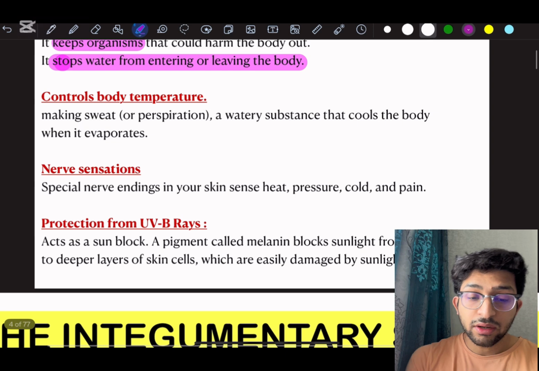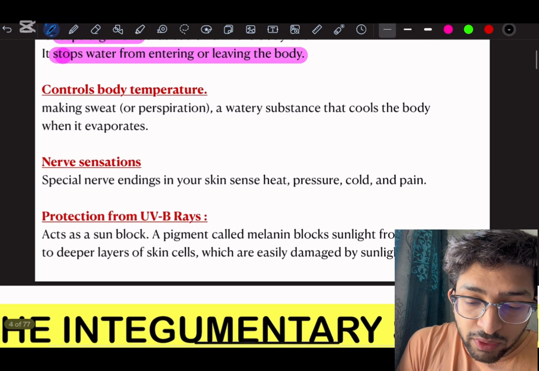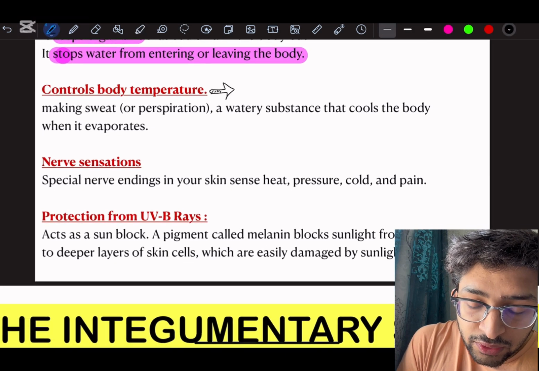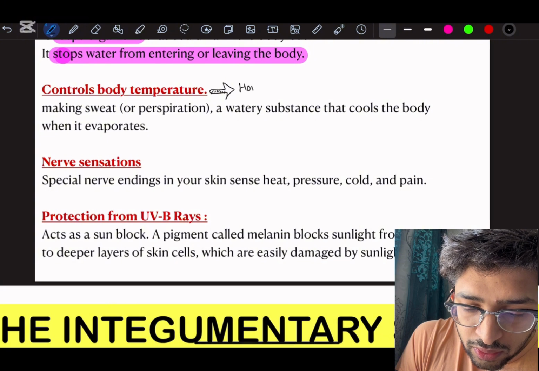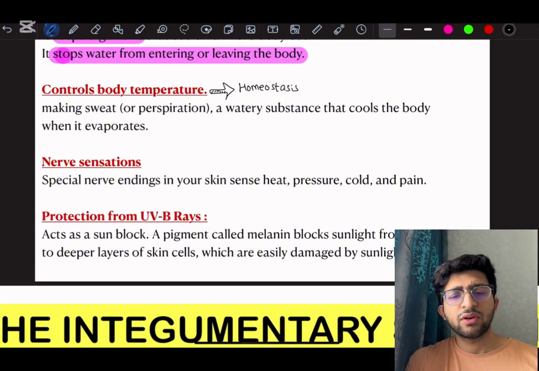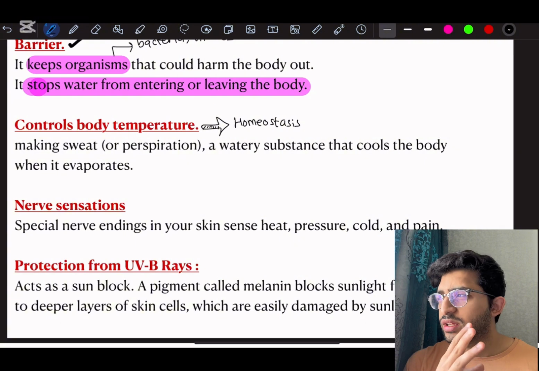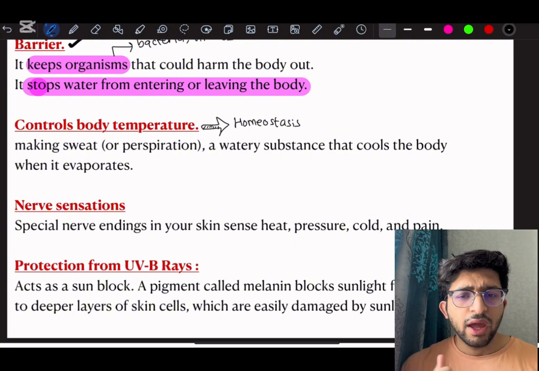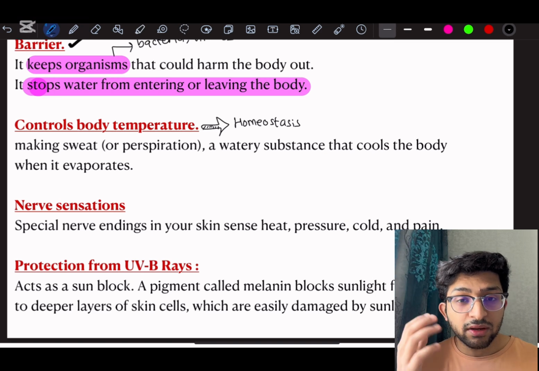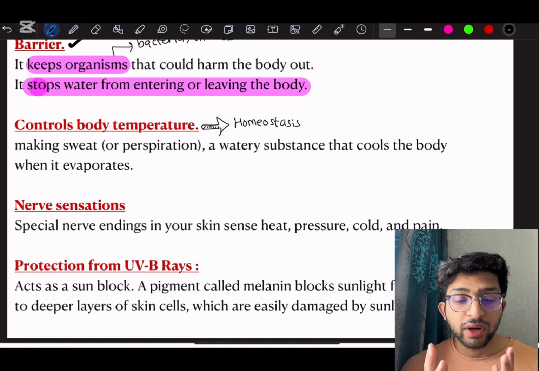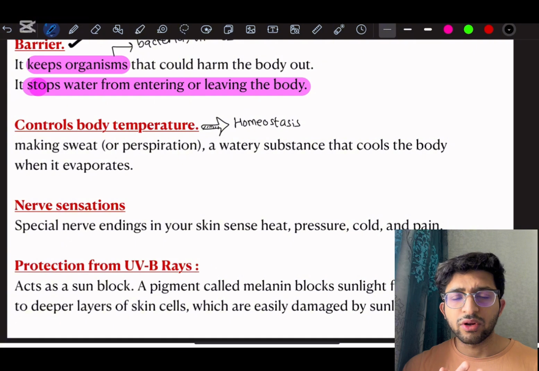The second function is controlling body temperature. We also call it homeostasis. What happens in homeostasis? For example, suppose you are out on a very sunny afternoon and suddenly you start perspiring, sweating on your forehead, armpits and hands. Why?